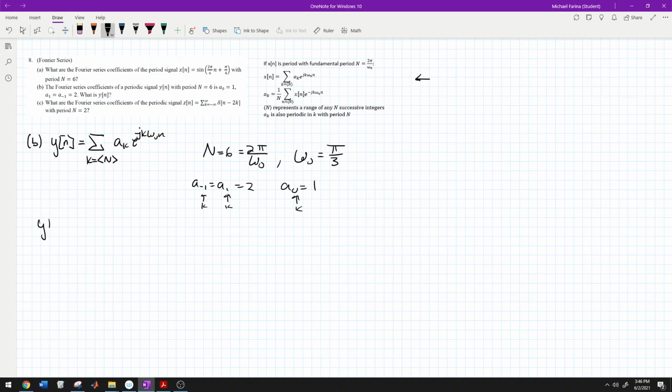So y of n is going to be equal to, we'll do the term with k equals negative 1, and that's going to be added to the term with k equals 1 plus the term with k equals 0.